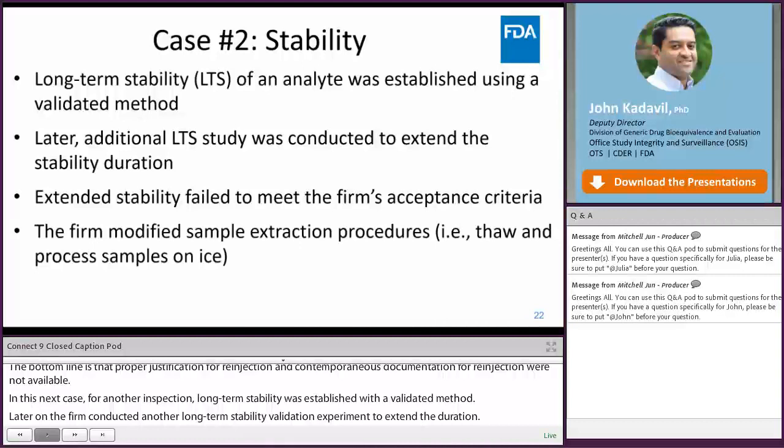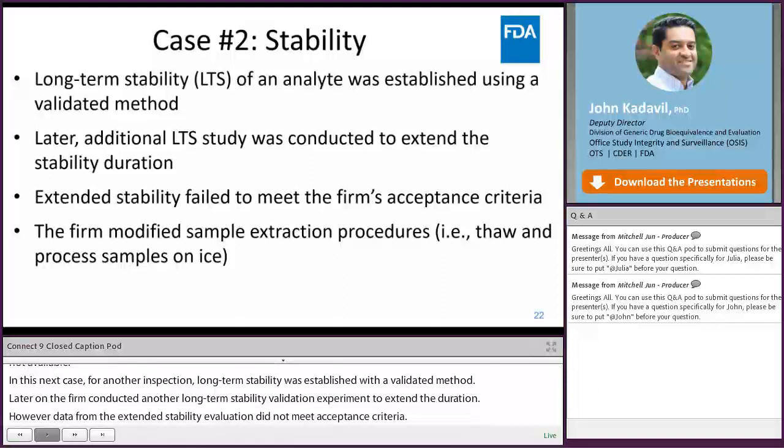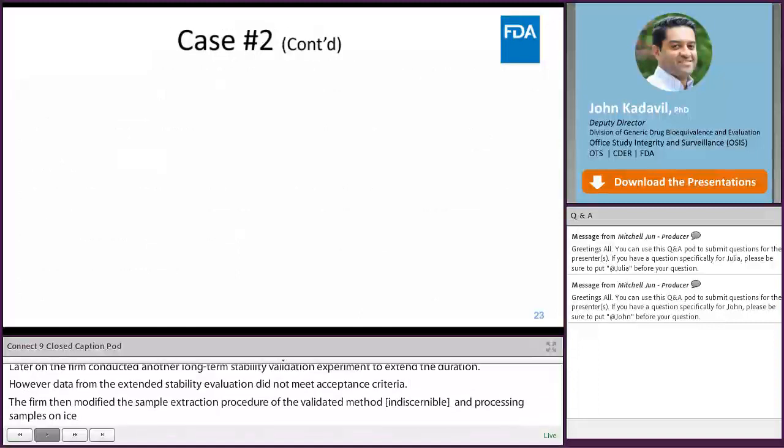The firm then modified the sample extraction procedure of the validated method by thawing and processing samples on ice instead of at room temperature. When they repeated the stability test with the modified procedure, the firm was able to establish long-term stability at the extended duration.